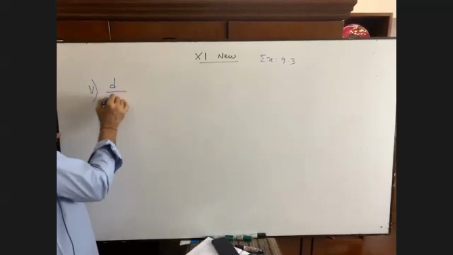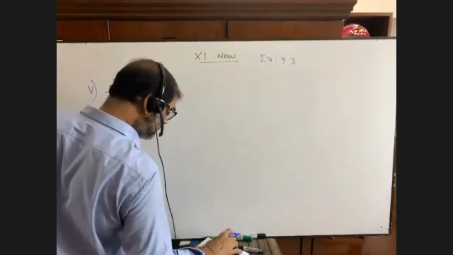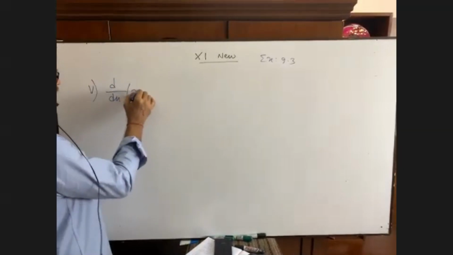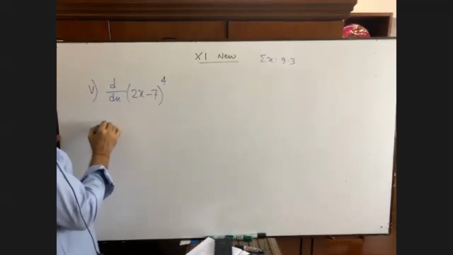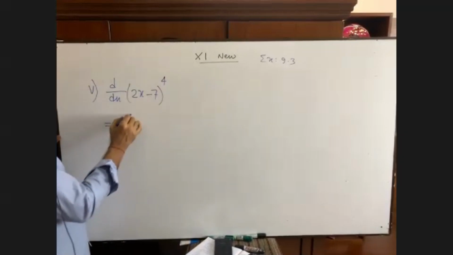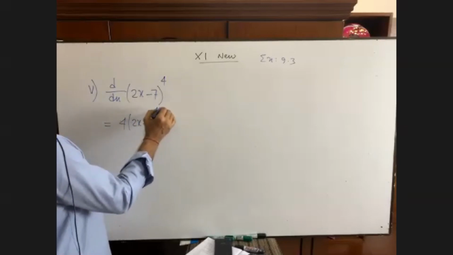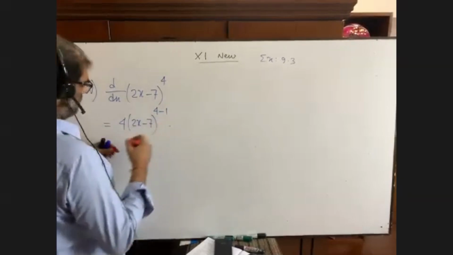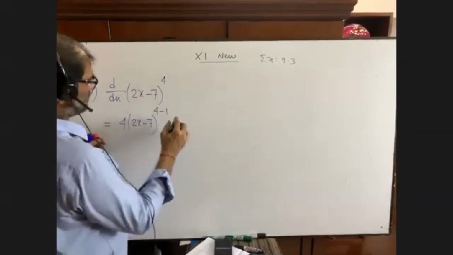d by dx of (2x minus 7) whole to the power 4 equals what? 4 into (2x minus 7) to the power 4 minus 1. Then we have to differentiate again.